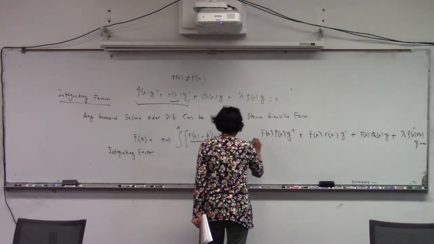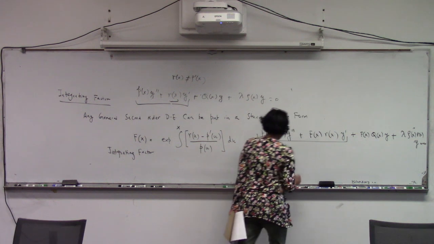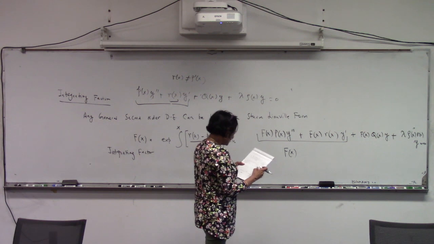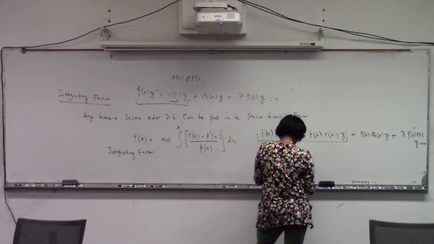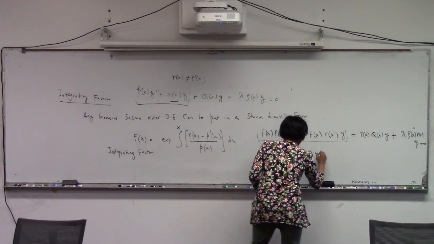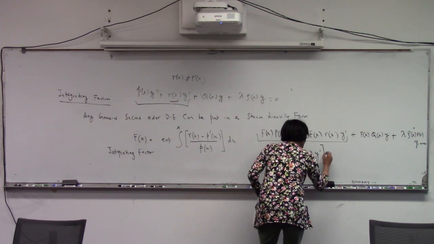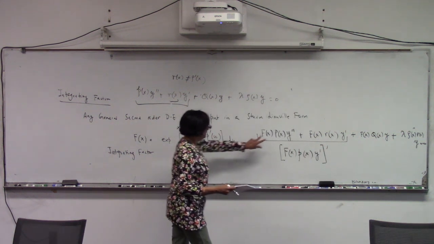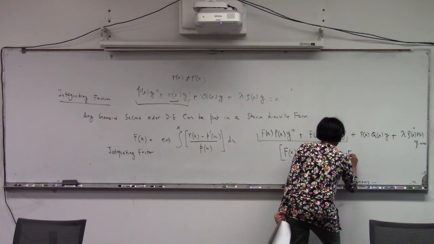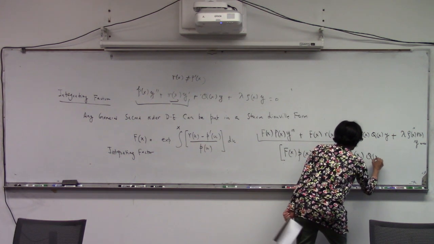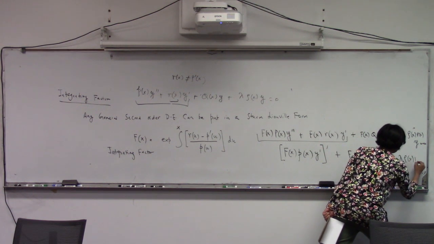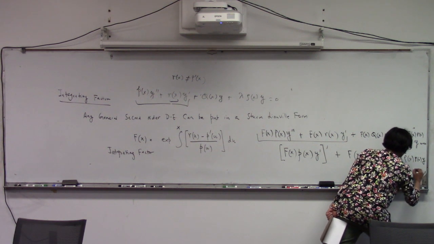This is what I want. I'm just claiming that if I multiply the original differential equation by that, I can write the first two terms like this, plus f of x, q of x, y plus lambda rho of x, f of x times y equal to 0.